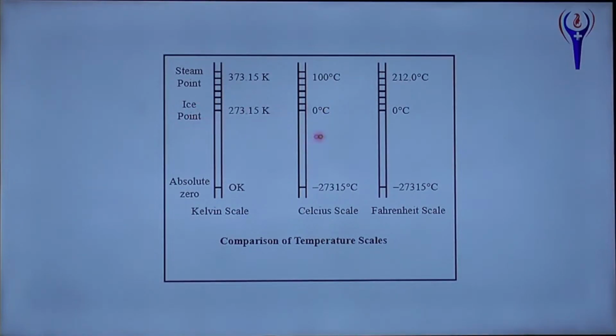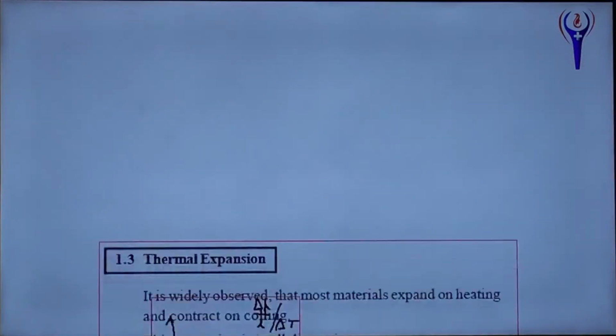Ice point for Celsius 0 degrees Celsius, for Kelvin 273.15, and for Fahrenheit 32, that is 32 degree F. And absolute 0, 0 Kelvin, minus 273 here. It's a comparison of Kelvin scale with Celsius scale and Fahrenheit scale.